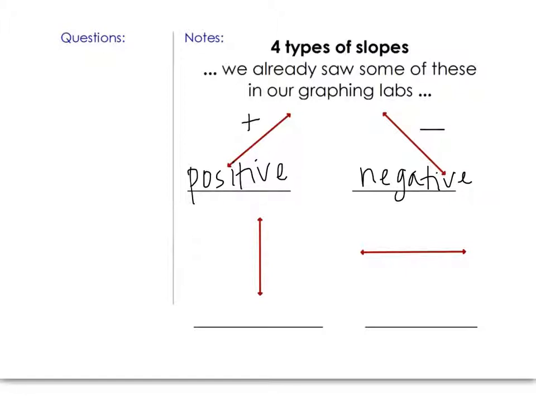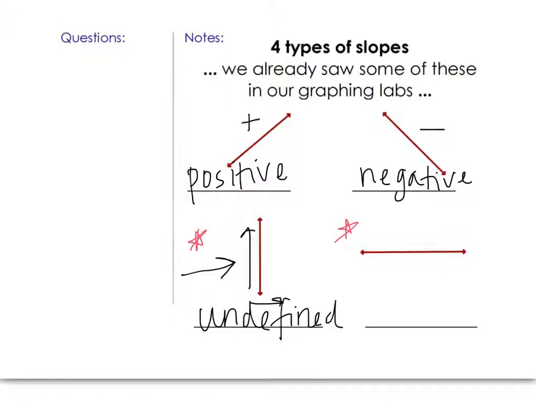Well, then I have 2 kind of special cases down here. If I think about this line, is that positive or negative? Well, you could say as x increases, y increases, but x really isn't increasing. This is actually an undefined slope.